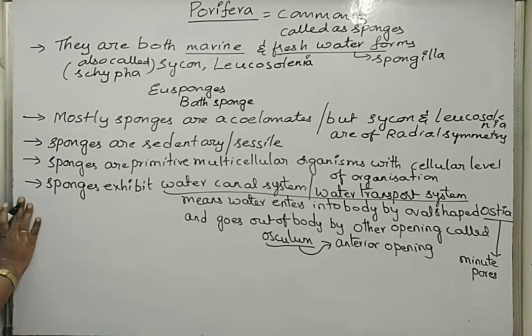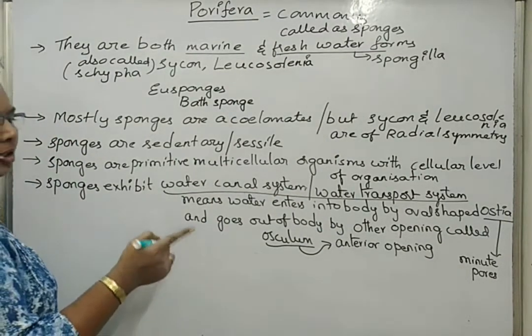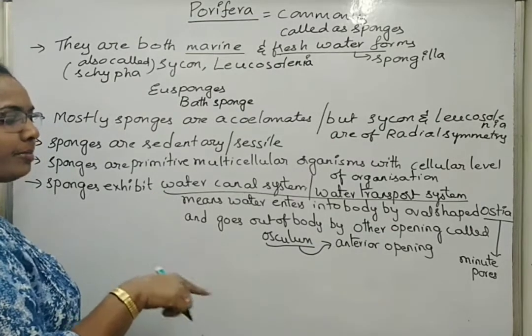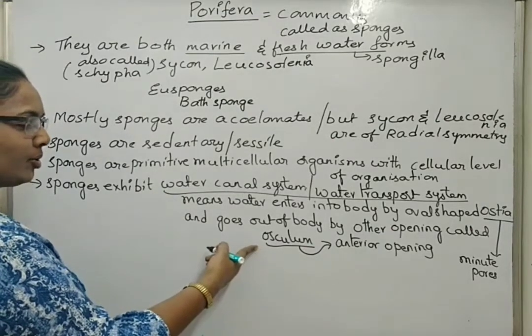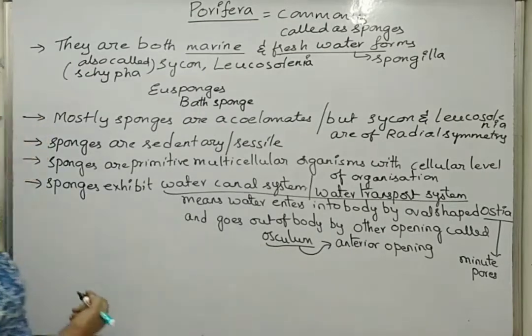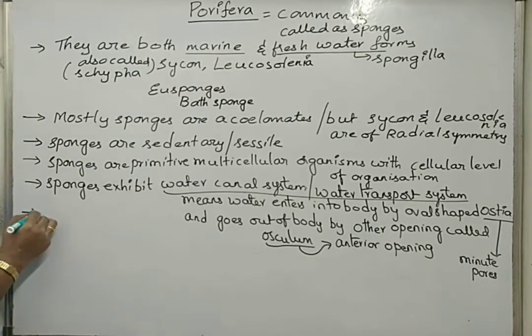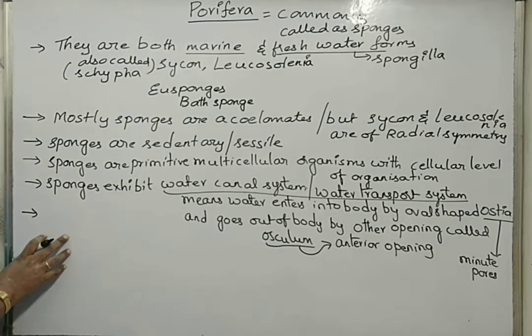Next. From the ostia, water enters into the spongiocele. From the spongiocele, water goes out of the body through the osculum. What is the use of this water canal system? It helps in gathering of food, respiratory exchanges, and removal of waste water.